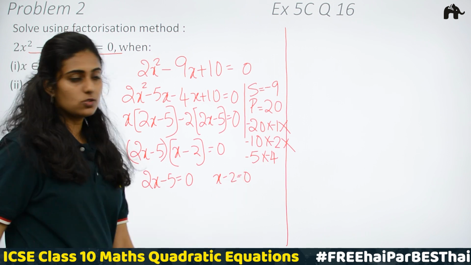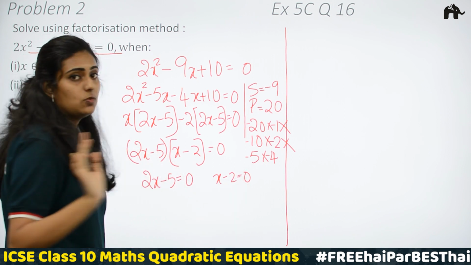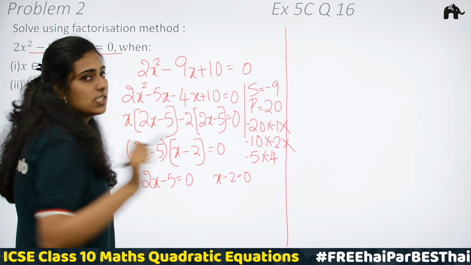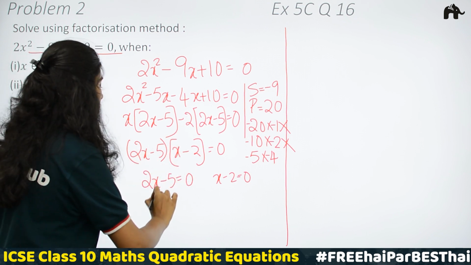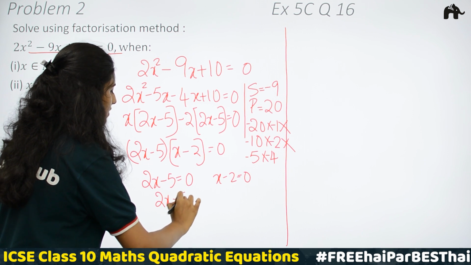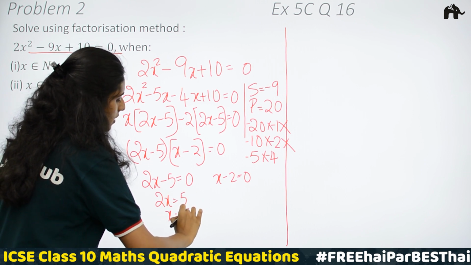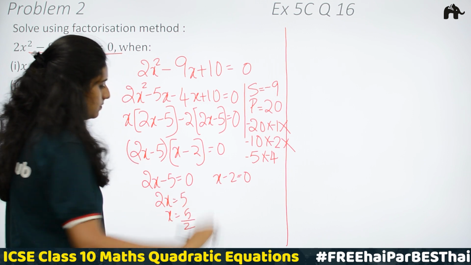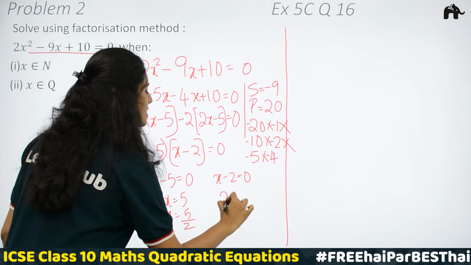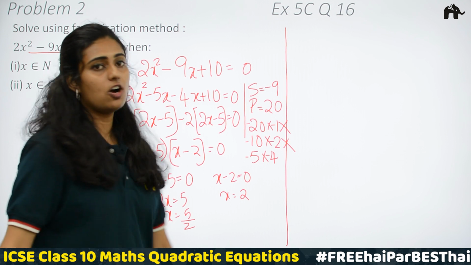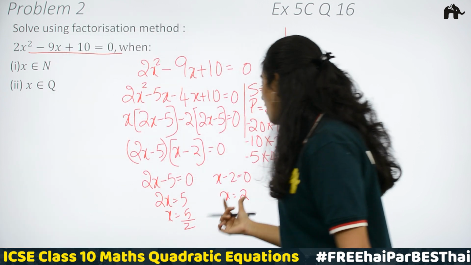Applying the zero product rule, either 2x minus 5 is equal to 0 or x minus 2 is equal to 0. If 2x minus 5 is equal to 0, then 2x is equal to 5 and x is equal to 5 divided by 2. If x minus 2 is equal to 0, then x is equal to 2. We got the two possible values of x.